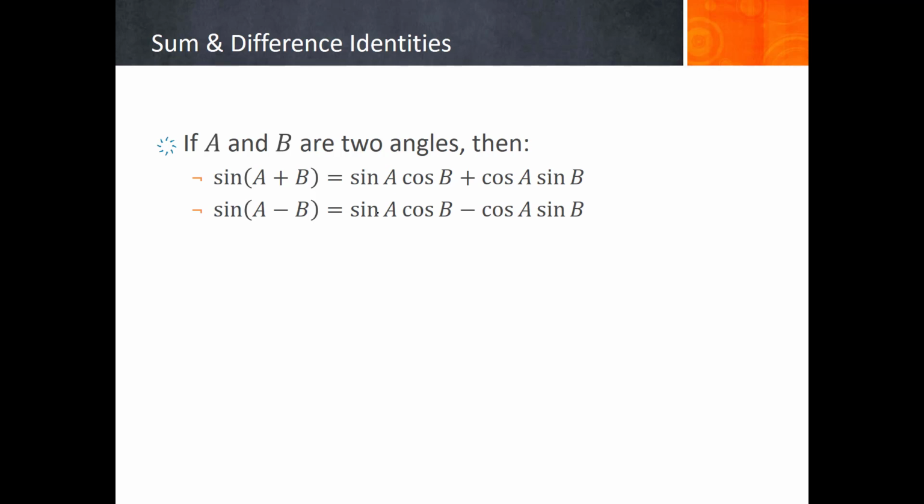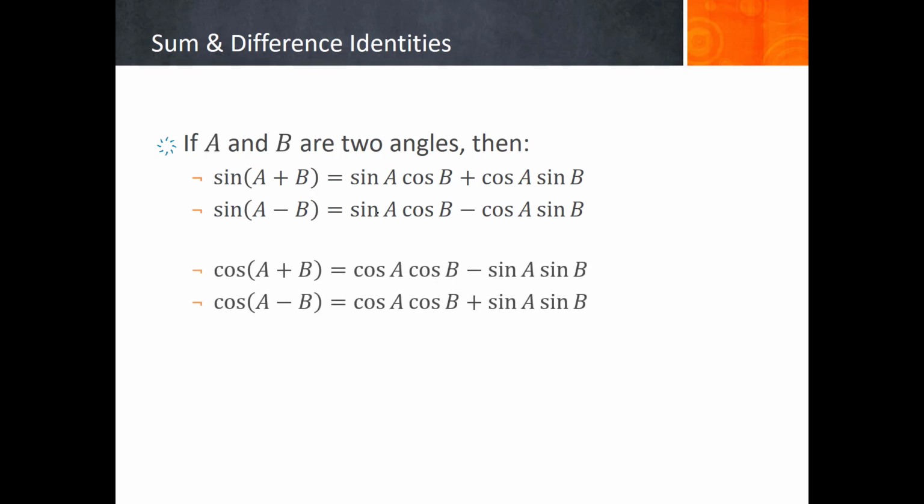All right, so let's compare that with cosine. Again, for cosine, it's still AB, AB, AB. Whether it's plus or minus, it's still AB, AB, AB, right? So some things change between the sines and the cosines. Remember, sine went sine, cosine, cosine, sine, so it flipped the order. When you're dealing with the cosine sum and difference properties, it's cosine, cosine, and then sine, sine.